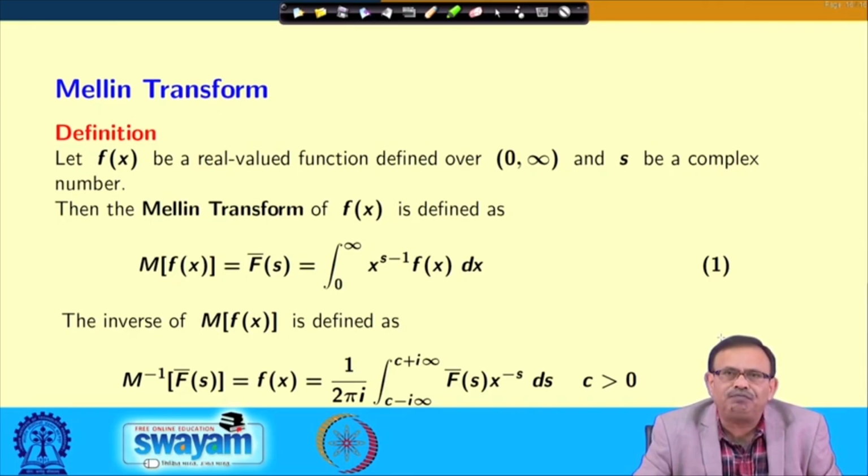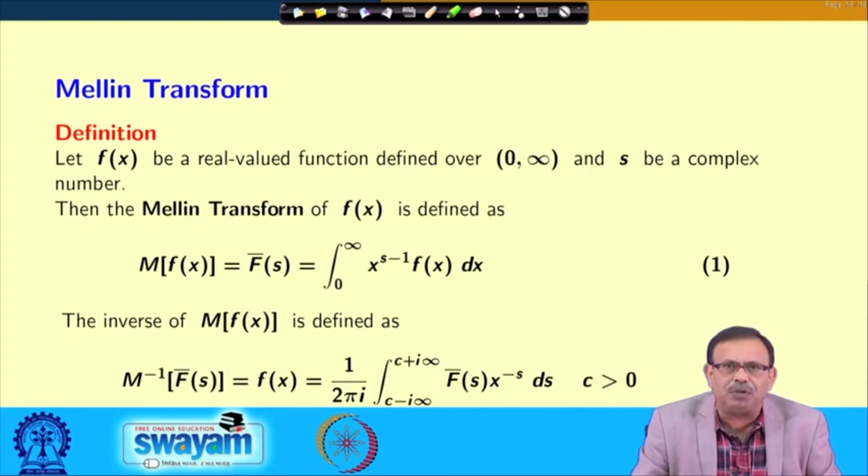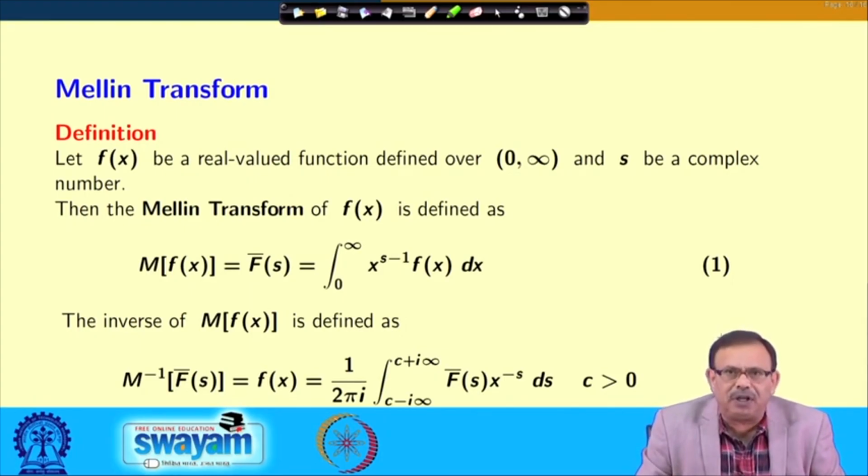Due to the limited number of lectures, I am not going into the details of how we got this definition. I will directly use it, and we will see how to find the Mellin transform of different functions and what the properties of this Mellin transform are.